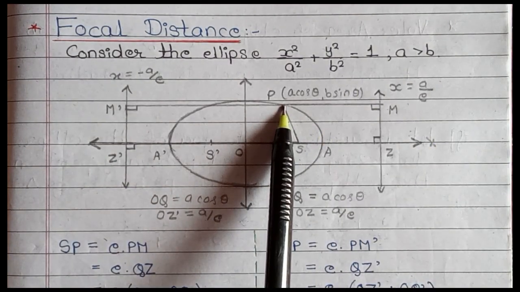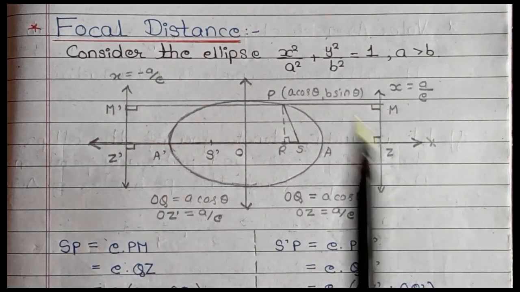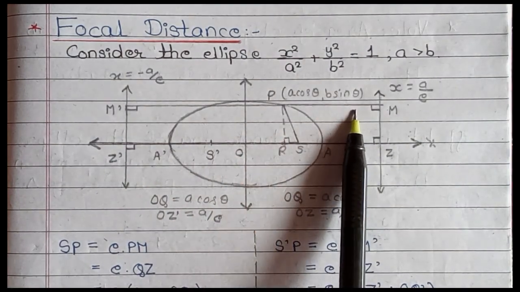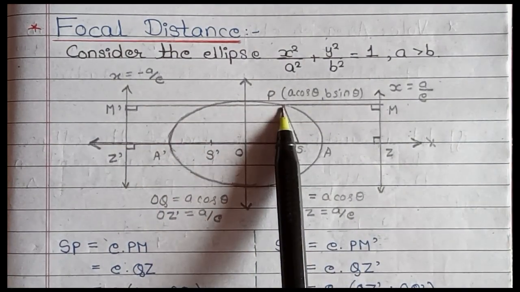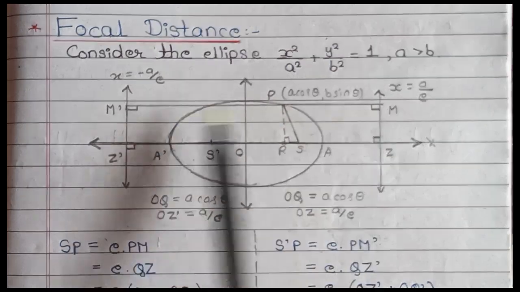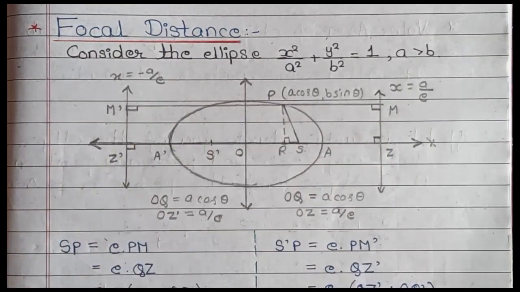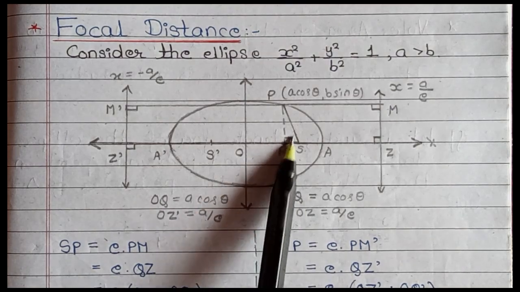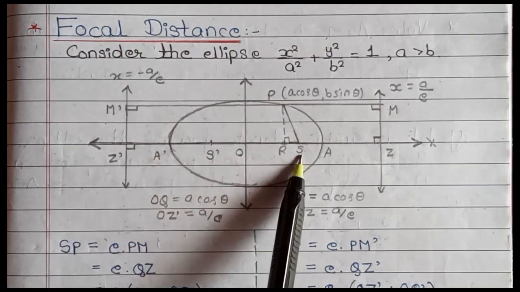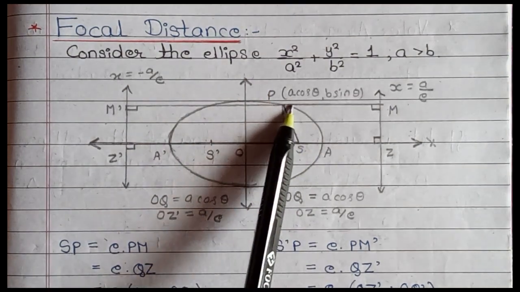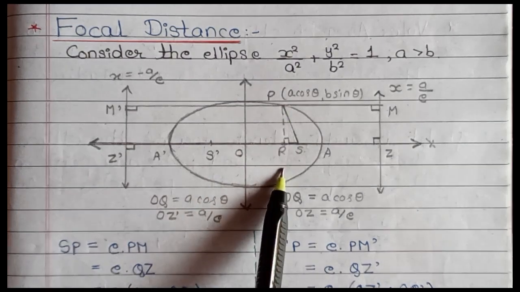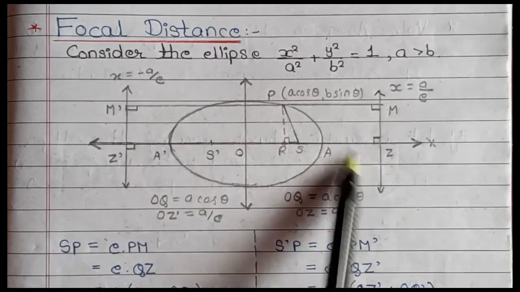The coordinates will be a cos theta and b sin theta. Draw perpendicular from the point P to the directrix. Name it as M and M dash. And connect the line from S to P. Also draw perpendicular from P to the main axis.